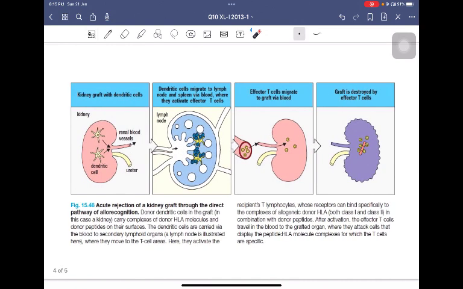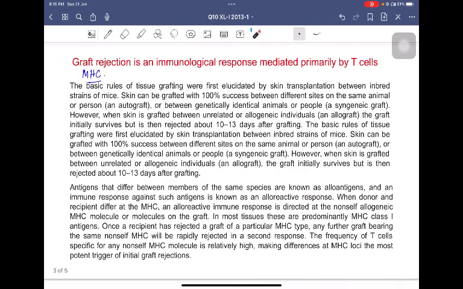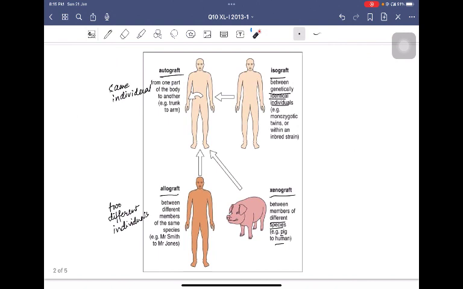Now, coming to the question of graft rejection and what the chances of graft rejection are. When there is an autograft, there is 100% success because it's between the same individual and there is no chance of mismatch of MHCs or any other antigens.